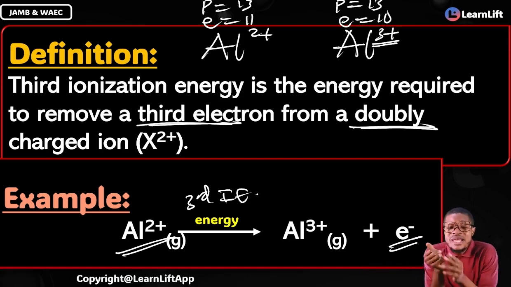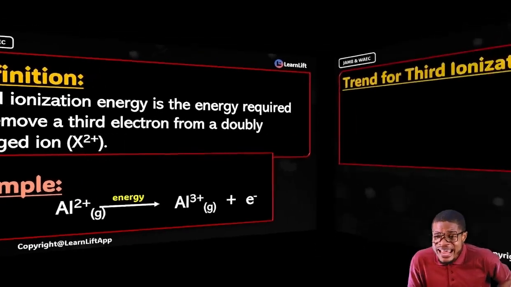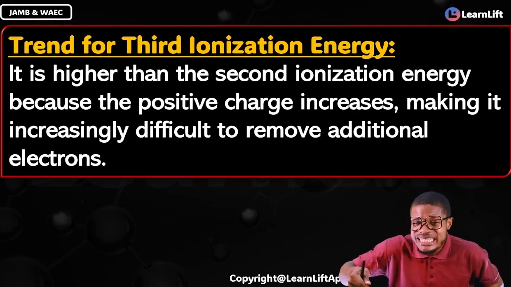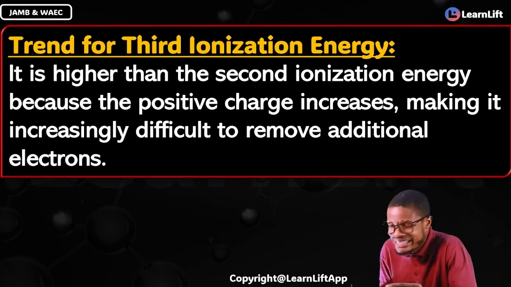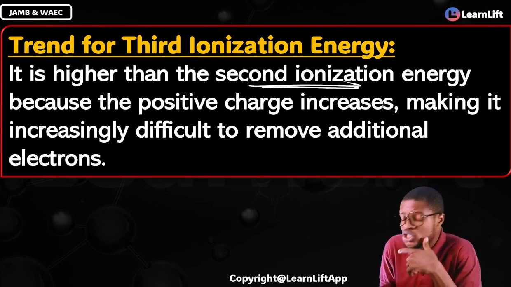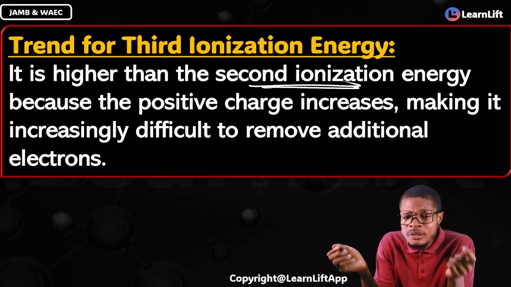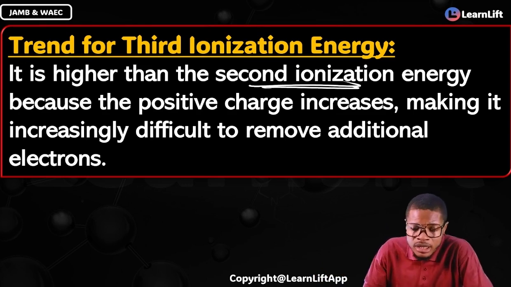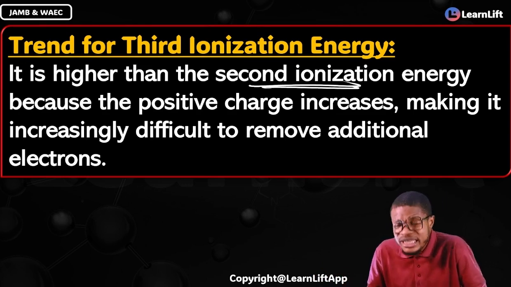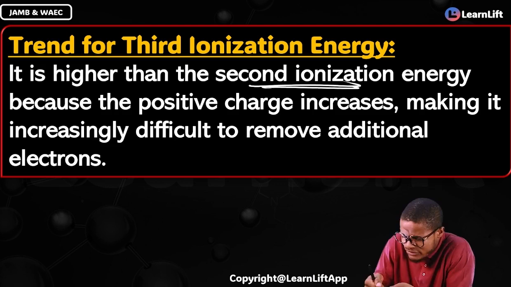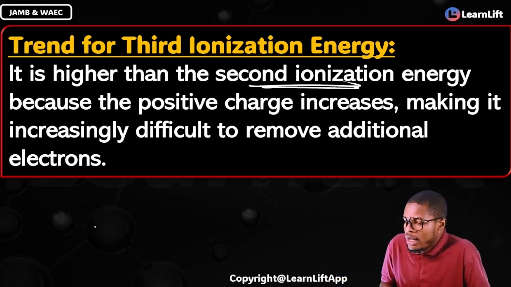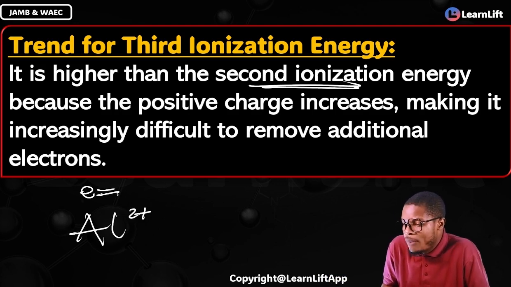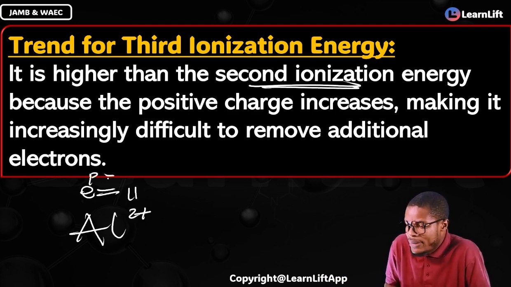In other words, the trend for your third ionization energy is that it is higher or greater than your second ionization energy. Why? Because the effective positive charge has increased. It is not that the positive charge actually increased, but the effect of the positive charge has highly increased. In your Al2+, electrons are 11 and protons are 13.